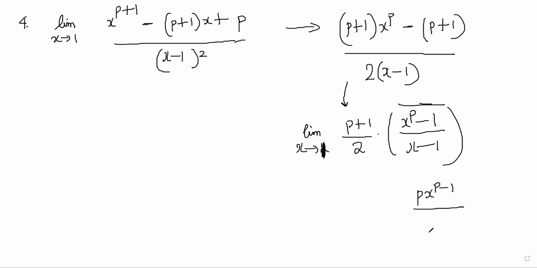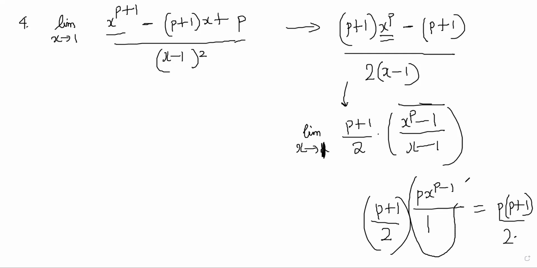But it's in the form of x to the power n. Earlier also it was in the form of x power n only. So the limit becomes p into (p+1) by 2, right?